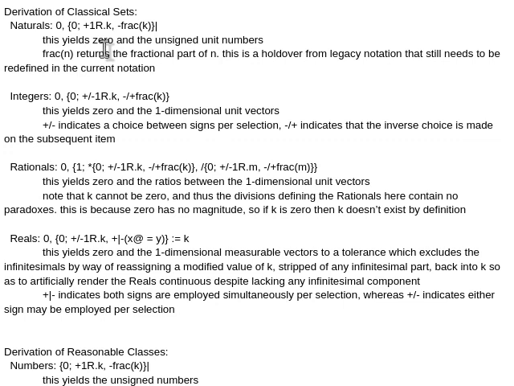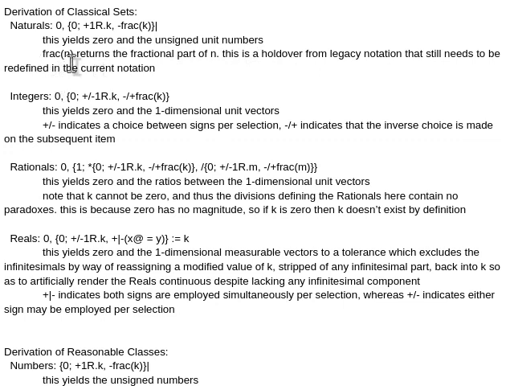So we're going to chop off the fractional part of k at the end of this process. Instead of getting k back, we're getting the lower bound, the integer part of k. That's what's happening. Okay. So this yields 0 and the unsigned unit numbers.